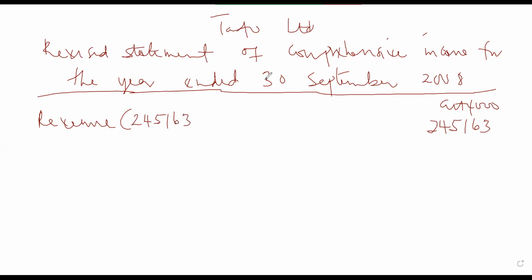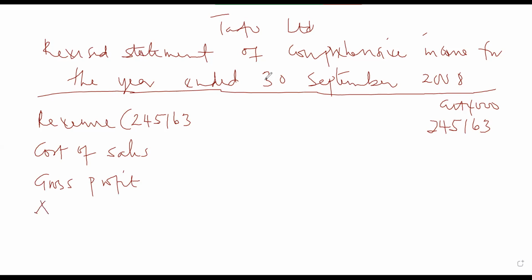Okay, let's count to cost of sales. Mostly we do workings for it because it will be involving a lot of issues. All right. Then after that, you have your gross profit. Don't bring the gross profit. If you subtract your cost of sales from the revenue, you get your gross profit.